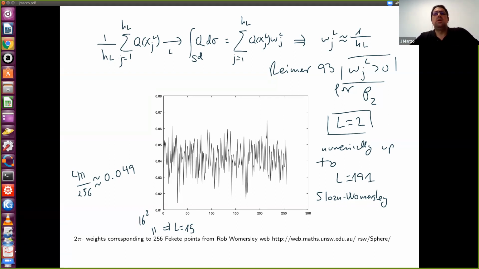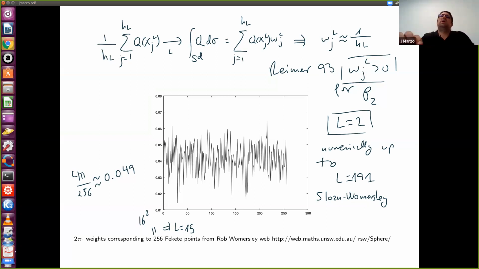But the open problem I want to mention first is that there was a conjecture by Sloan and Womersley that these weights for Fekete points are positive. Okay, this is kind of the least you can ask for a quadrature formula, to have positive weights, because if not, this will become unstable from a numerical point of view.